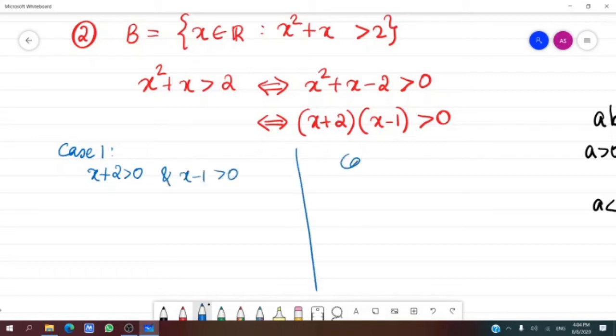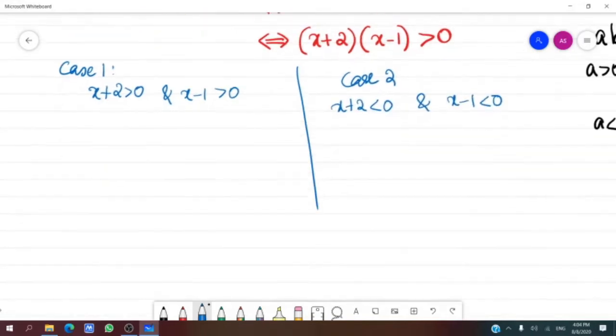Another case, x plus 2 is negative and x minus 1 is also negative.